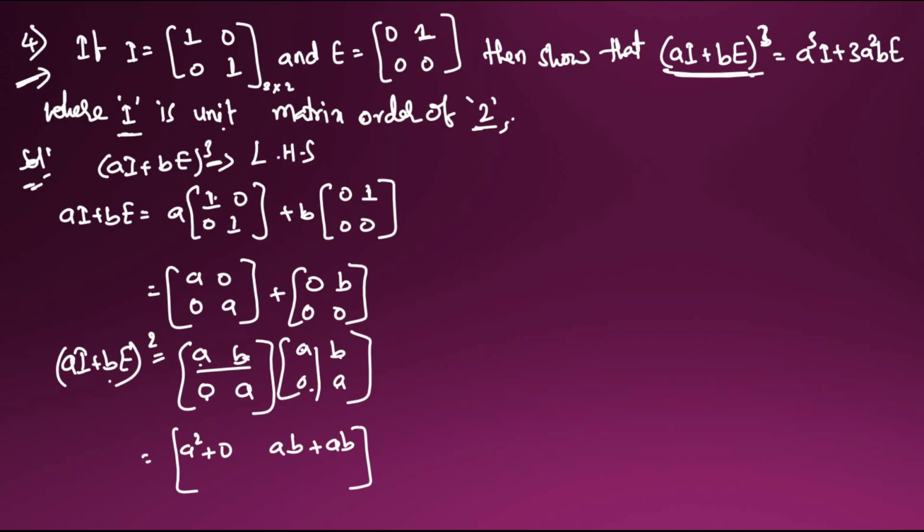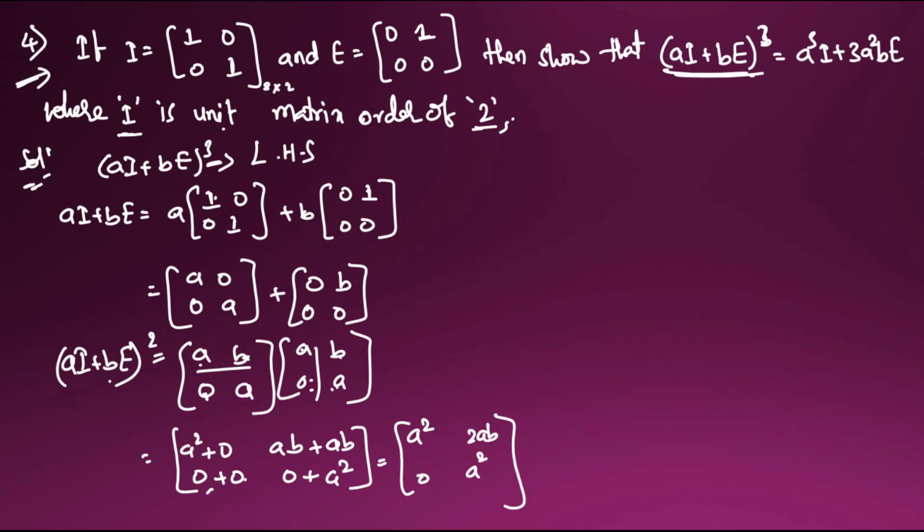Again 0 into something, 0, and A into 0 plus 0 here will come, and 0 into B, 0 plus A into A, A square will come here. So what will come here: A square, 2AB, 0, A square.